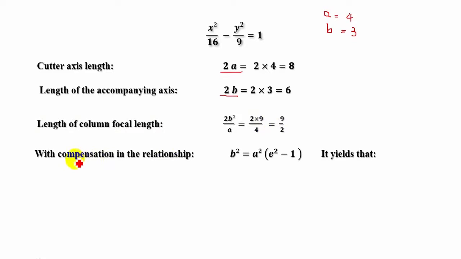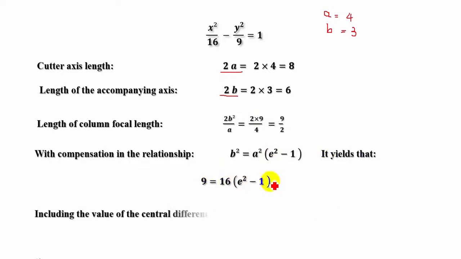And finally the companion relation, that's what we have, which is the interchange between a and b of course. If I'm talking about the ellipse, that means it will be here, and that one it will be there. So it yields 9 over 16. So e equals 5/4.